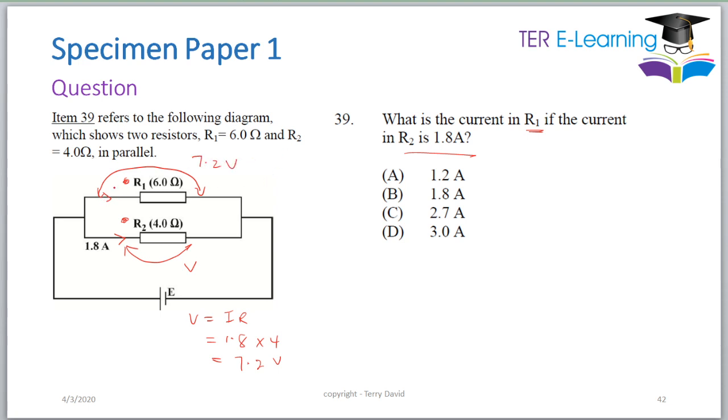And if I want to work out this current here, this I, then all I'm going to use is I equals V over R, which is the same 7.2 volts that we got, divided by the resistance here, which is 6. So that's 7.2 divided by 6, and I'm going to get 1.2 amps. All right, so this is A for number 39.